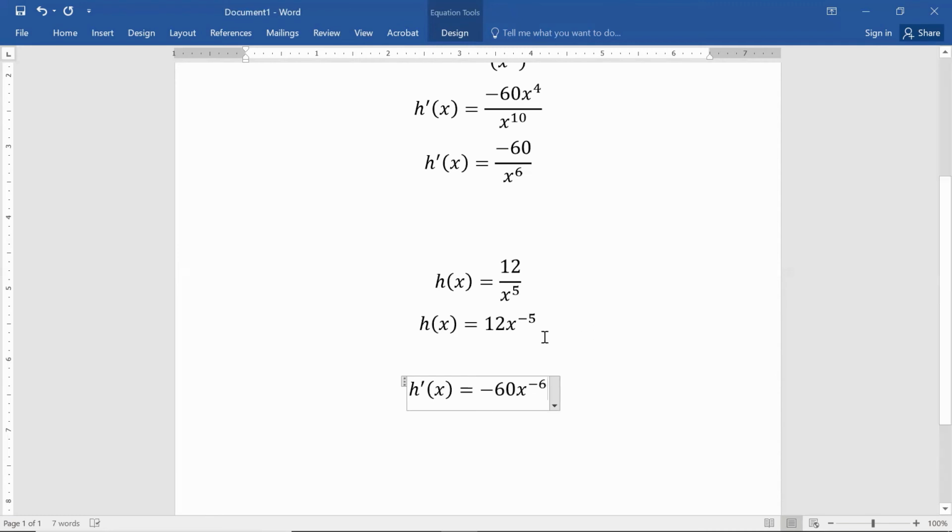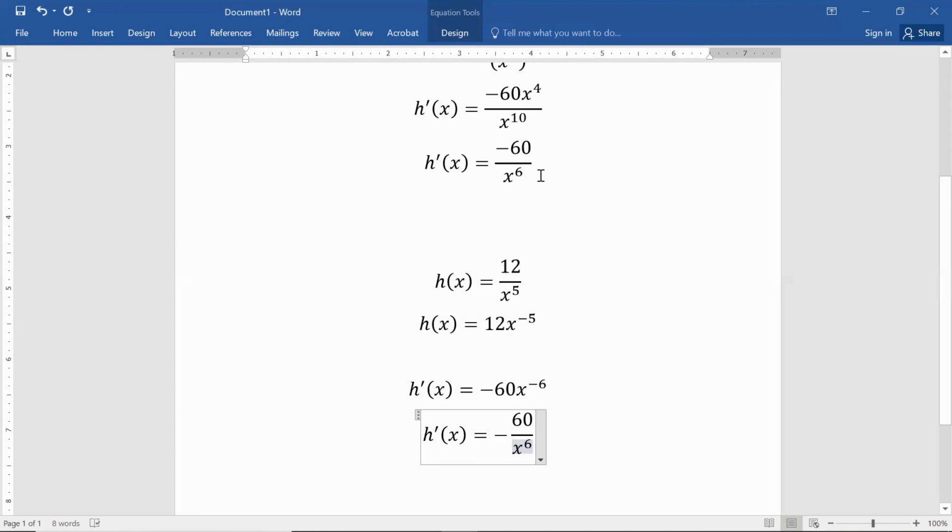That's my basic constant times a power rule. So negative 60 x to the negative sixth is my derivative, which we all know we can rewrite as negative 60 divided by x to the positive 6.